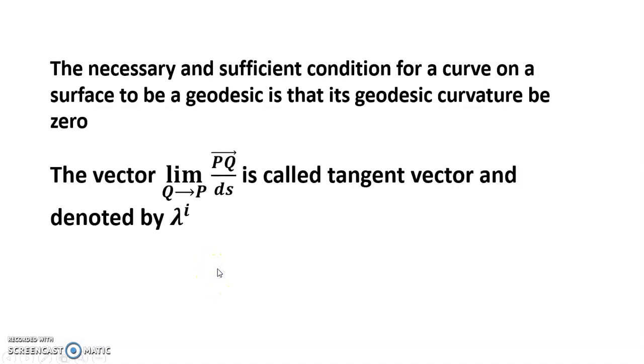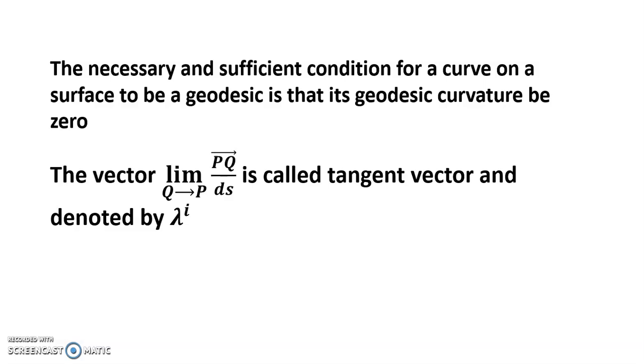The vector limit as Q tends to P of PQ/ds is called the tangent vector, denoted by λ^i, because you have already seen the formula I told you, ∂λ^β/∂s. So λ^α, with a_αβ λ^α λ^β, is a tangent vector.